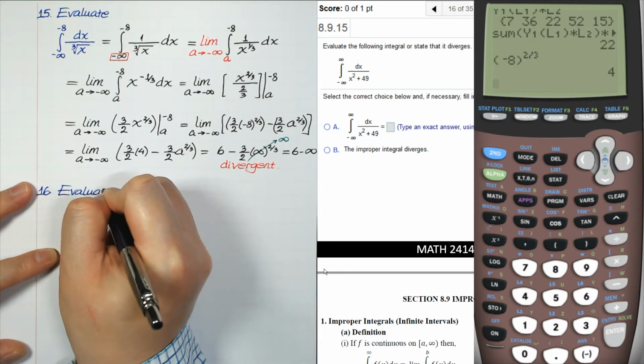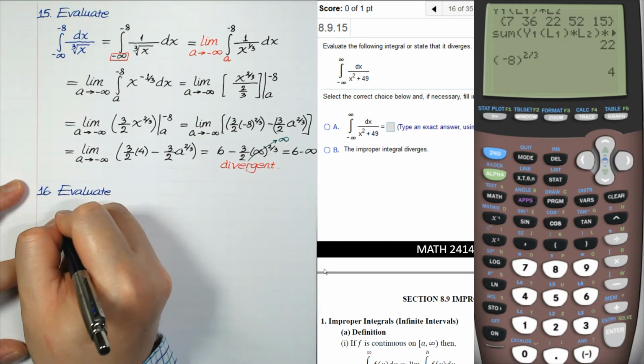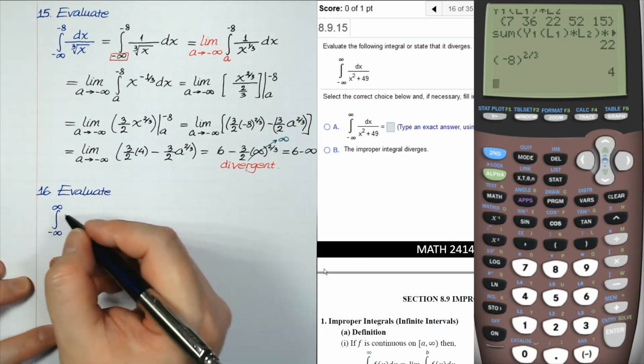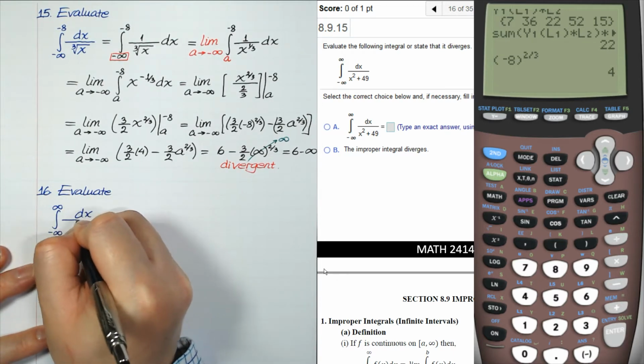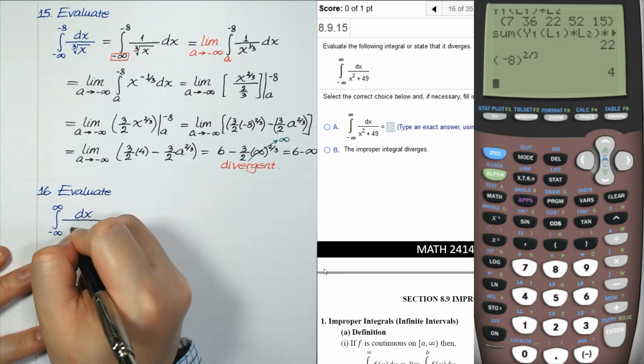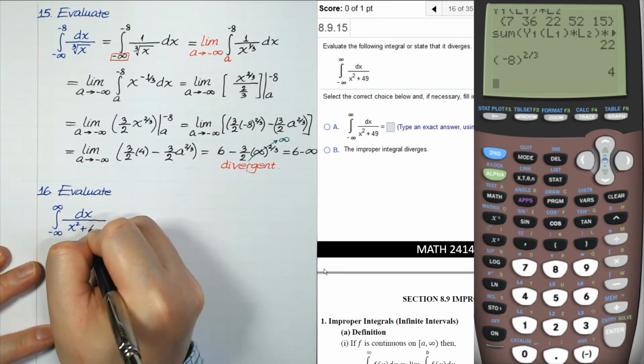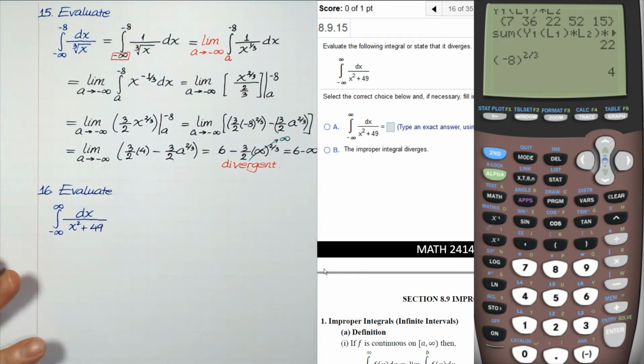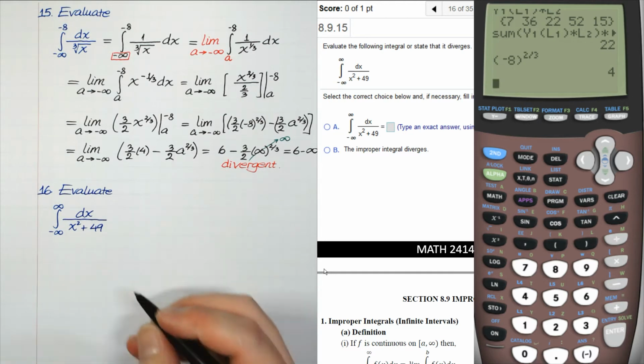Evaluate the integral from negative infinity to infinity of dx over x squared plus 49. Right. First, move the dx to the back.